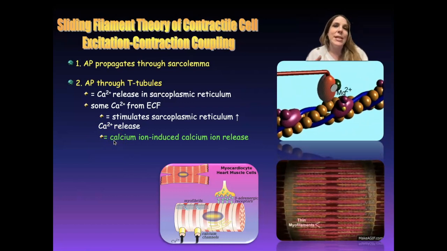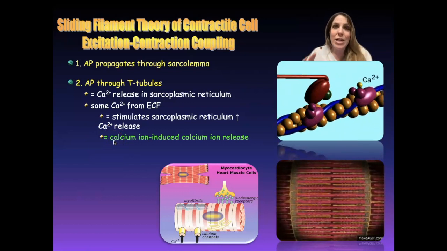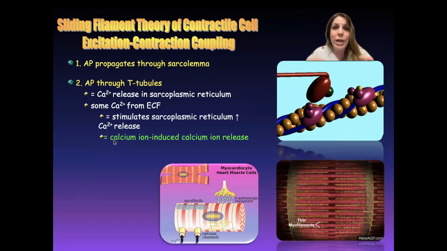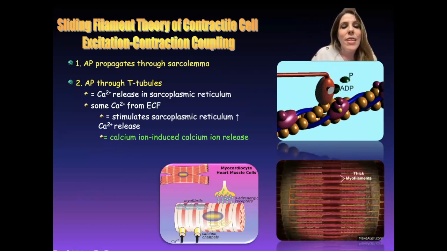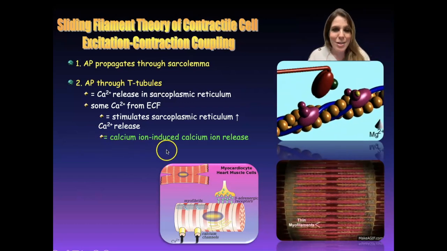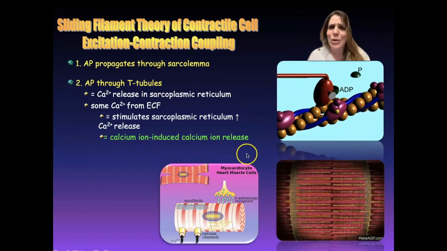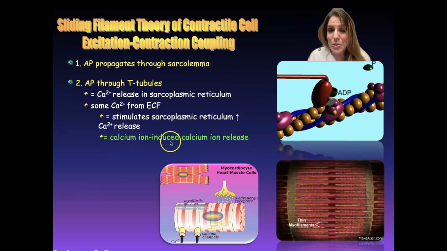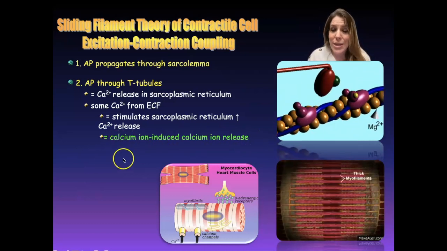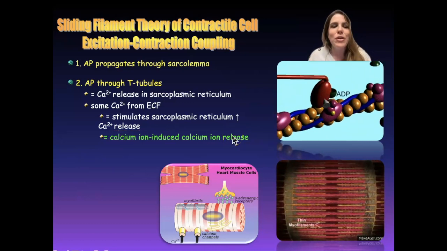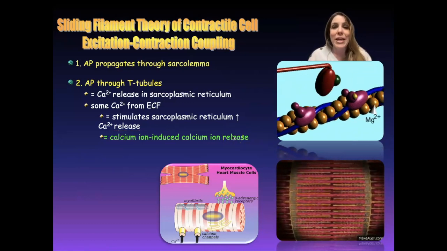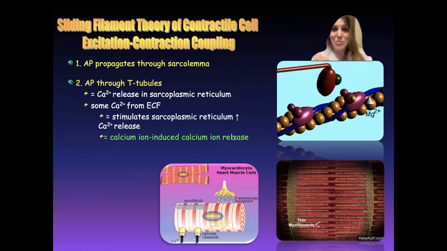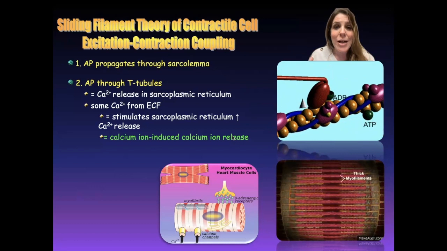And so this idea that in contractile cells, calcium from the outside is going to generate more calcium release on the inside, that is called calcium ion-induced calcium ion release. That is a mouthful. Calcium ion-induced calcium ion release. That just refers to the positive feedback loop that's generated by calcium from the extracellular fluid telling the sarcoplasmic reticulum to release more calcium.